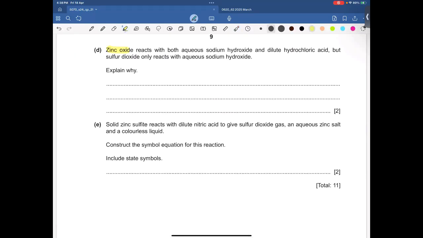Next is: zinc oxide reacts with both aqueous sodium hydroxide and dilute hydrochloric acid, but sulfur dioxide only reacts with aqueous sodium hydroxide. Explain why. Because zinc oxide is an amphoteric oxide, it can react with both an acid and an alkali.